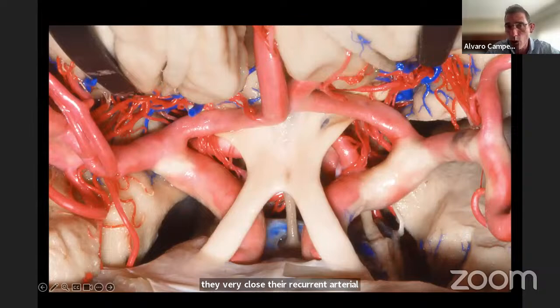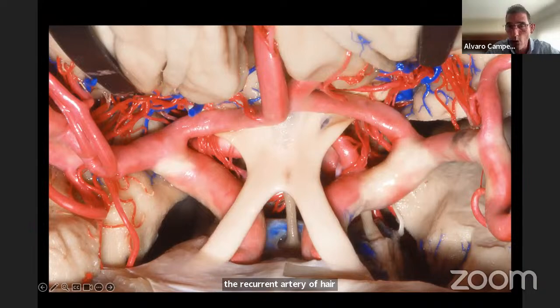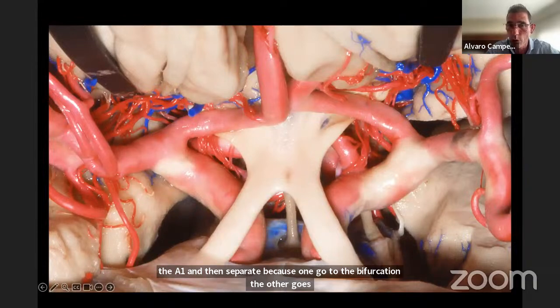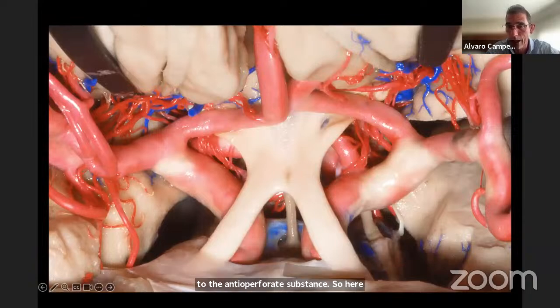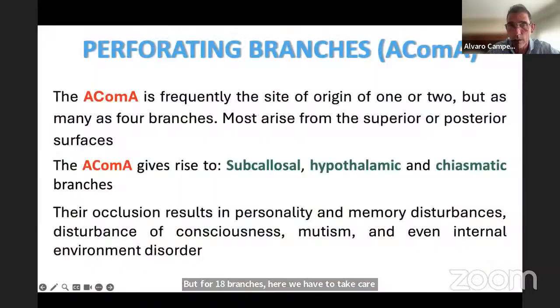In this view we can also see that in the distal portion of A1, the recurrent artery of Heuner is very close to the A1, but then they separate because one goes to the bifurcation, the other goes to the anterior perforated substance. So here we have to take care of the perforating branches. Here we have to take care about the recurrent artery of Heuner.